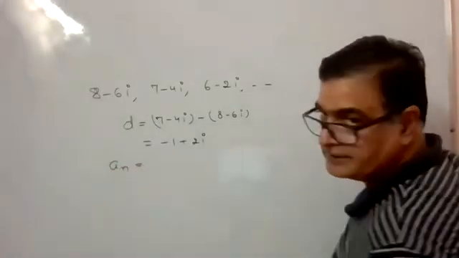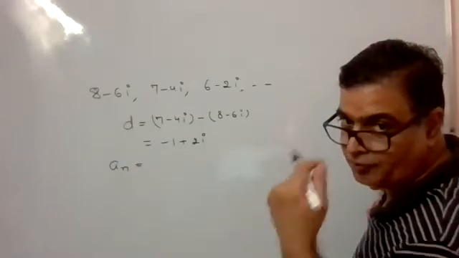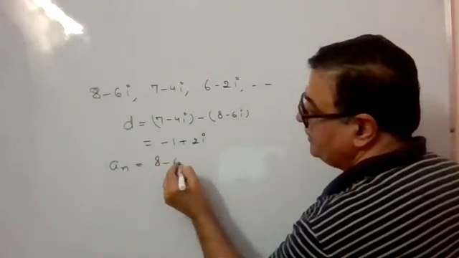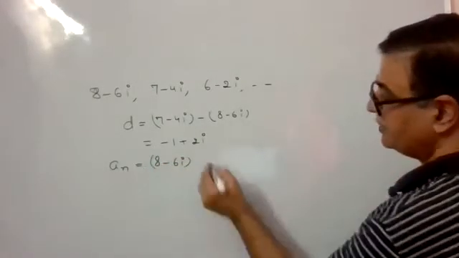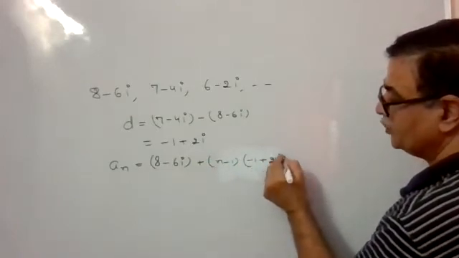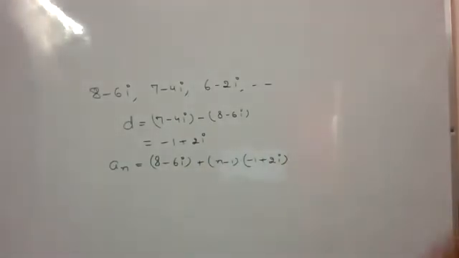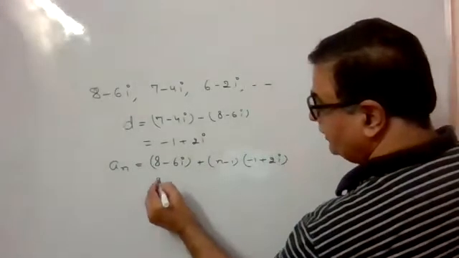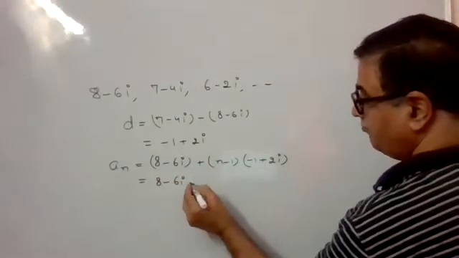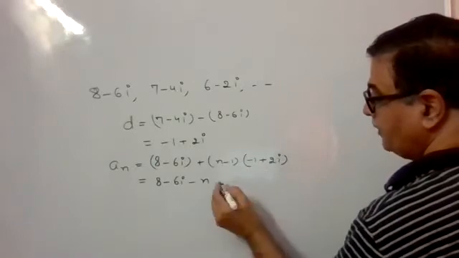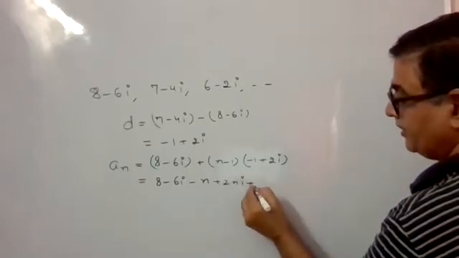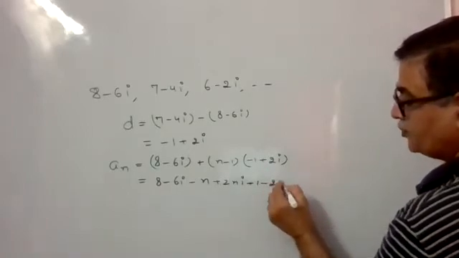We don't know which term is the first real or imaginary term, so we calculate the nth term: a is 8 minus 6 iota plus n minus 1 into d, minus 1 plus 2 iota.